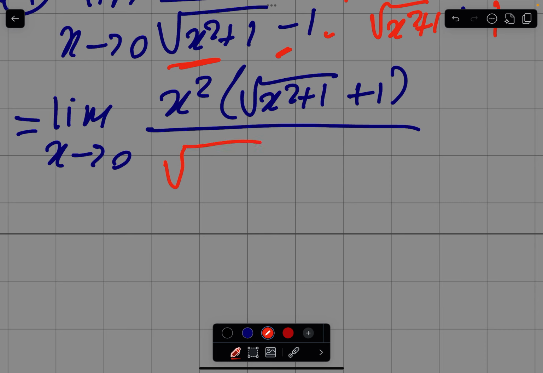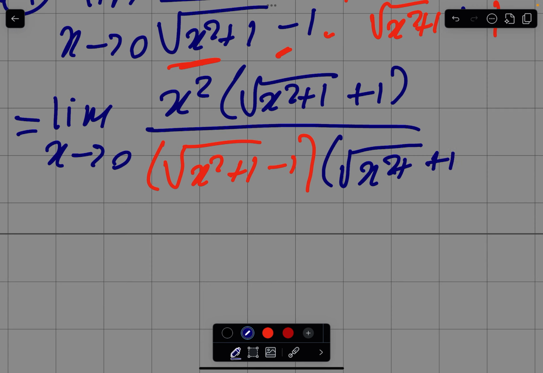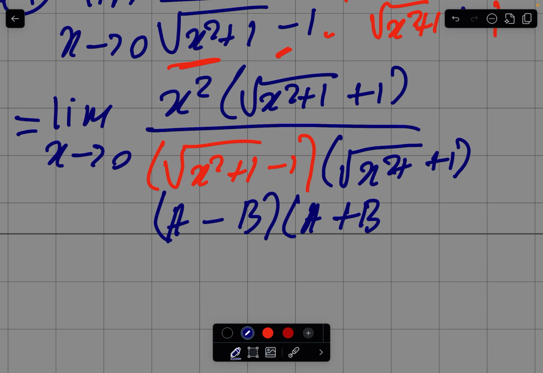This side we have what? We have square root of x squared plus 1 minus 1. Therefore you have also square root of x squared plus 1 plus 1. Therefore I see a what? I see a difference between two squares. I see a minus b into a plus b.